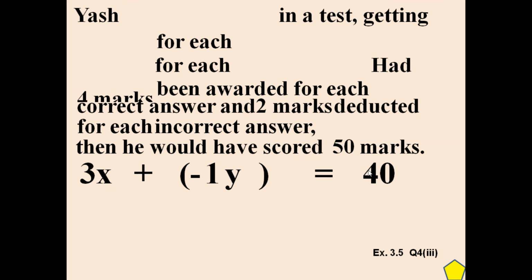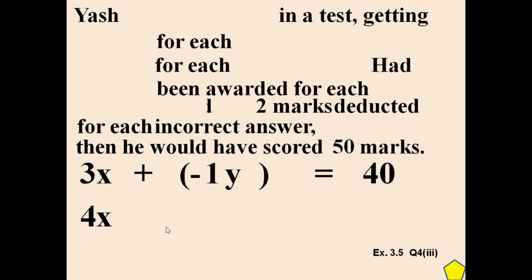Now let's look at the next equation. 4 marks have been awarded for each correct answer. Now, correct answers are still x, only the marking scheme has changed. The paper has already been attempted, all right? Only the moderation of the paper is taking place. So the number of correct answers is still x, so he gets 4x in the second case.